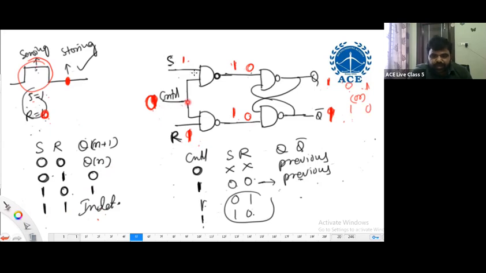Okay, sir. The 1 1 input condition does not have any valid function in this. If you apply 1 1, is there any expected function here? No. There is a reason we say 1 1 is invalid. There is no valid function with SR 1 1.